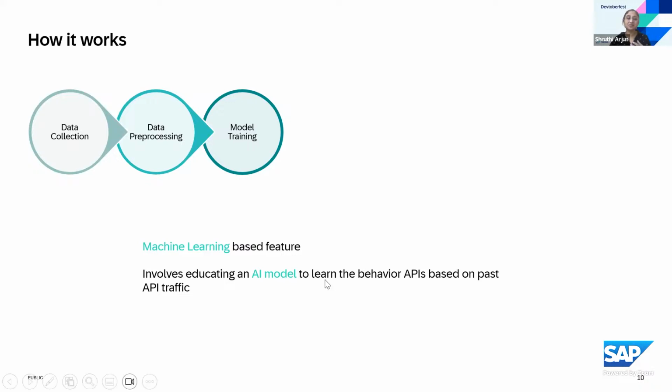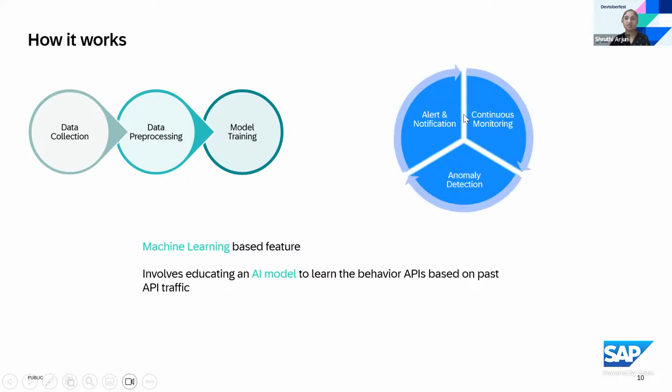Now, with this learned behavior, there is continuous monitoring happening. The model is constantly in action. And the moment a deviation is seen in the normal pattern, the detection flags this as an anomaly, and immediately an alert is sent out, right?